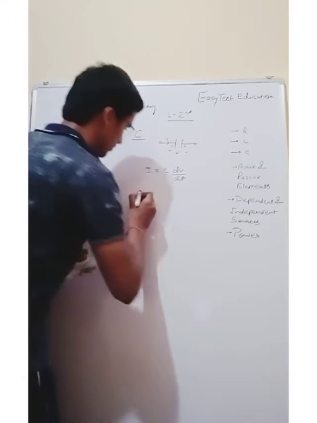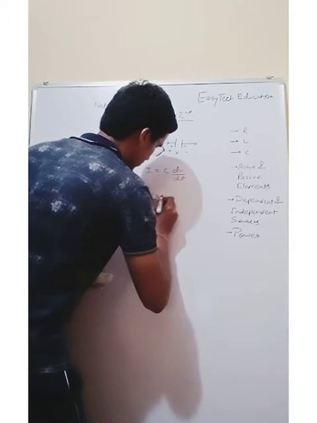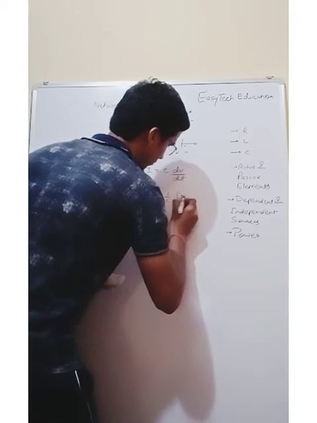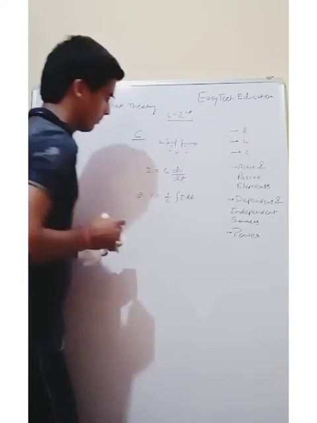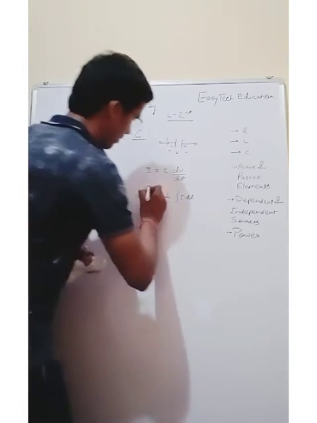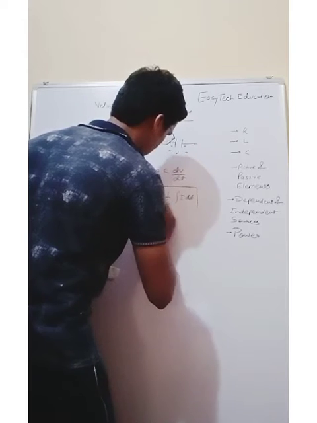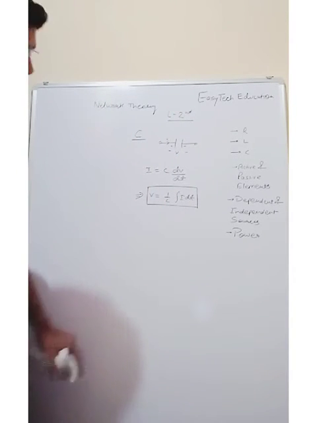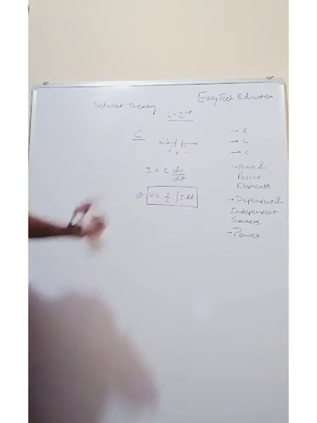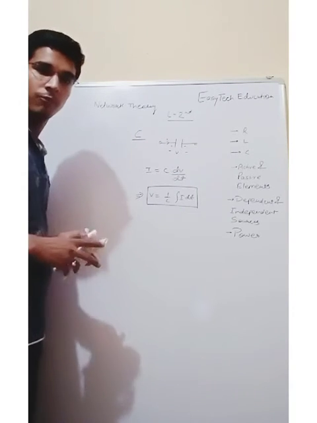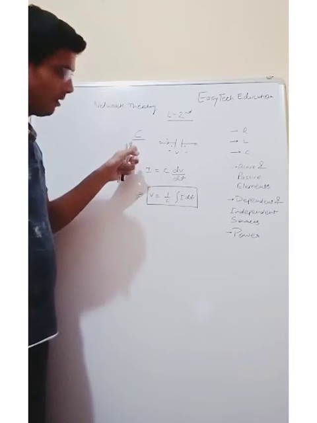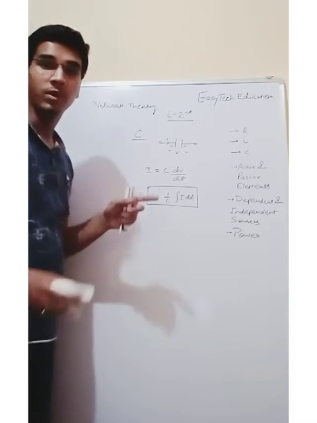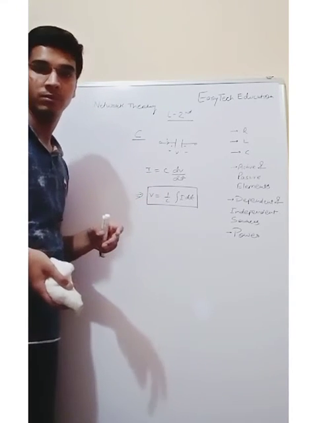That means V is 1 upon C integration of I dt. This is the expression for voltage. Okay, that means the voltage across the capacitor must change continuously.